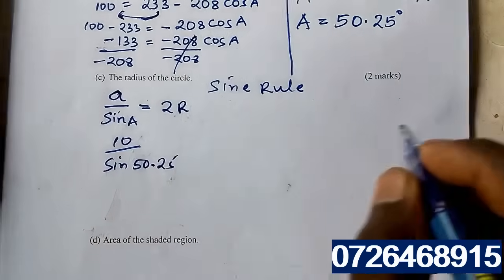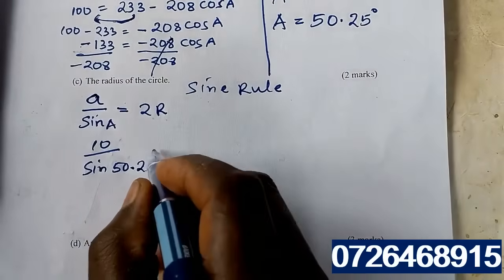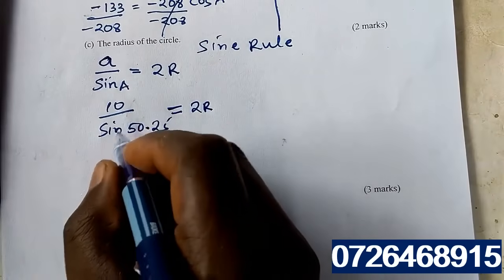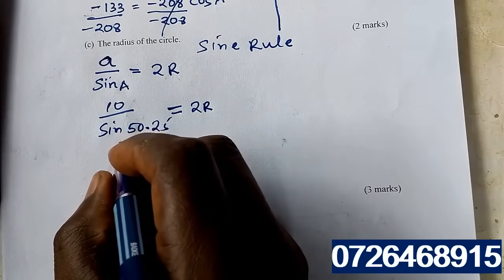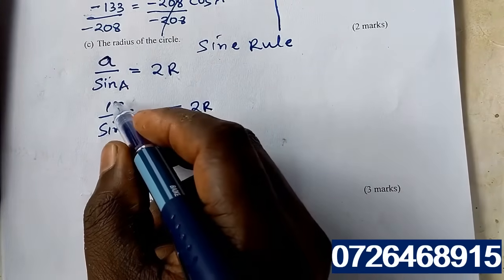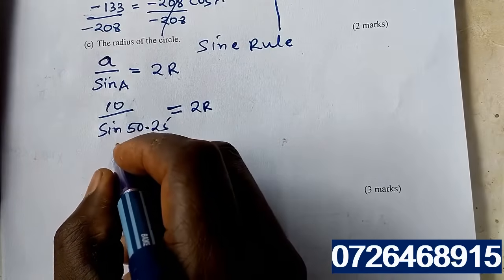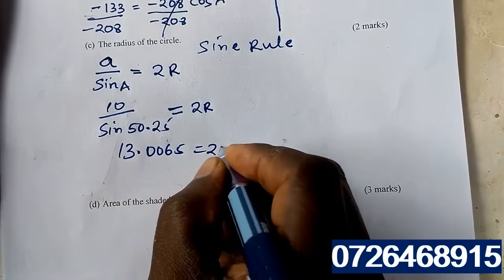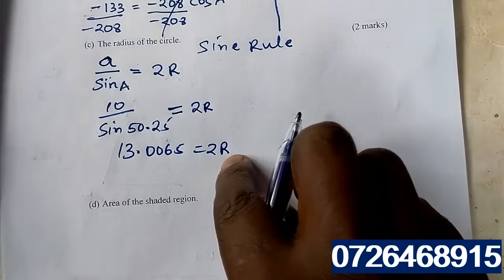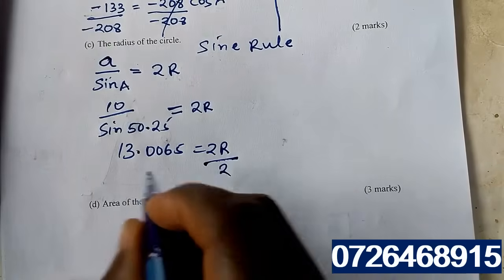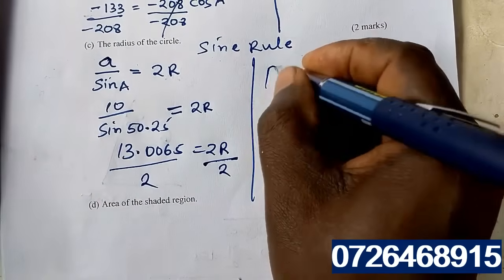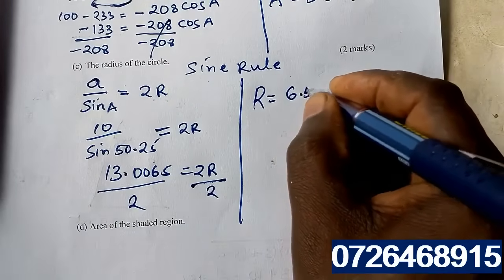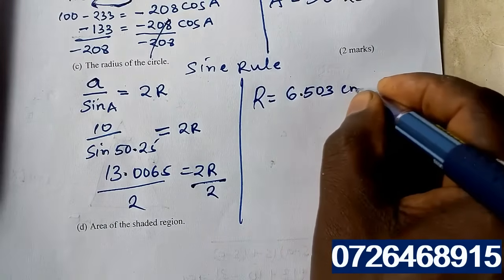And everything here is going to be 2r, right? So you just use your calculator, 10 divided by sine 50.25, the answer is going to be 13.0065, which is equal to 2r. We want radius, not the 2 radius. Therefore, we divide by 2. So the radius of the circle is going to be 6.503 centimeters. That is the radius.